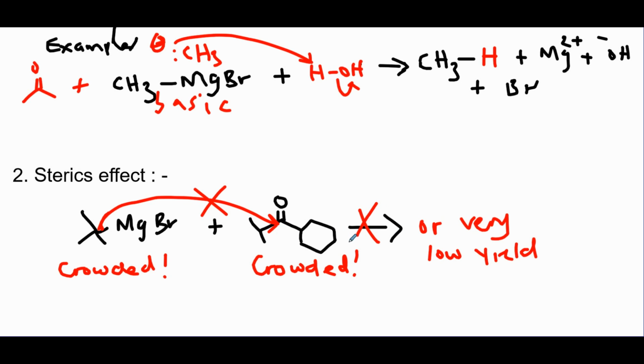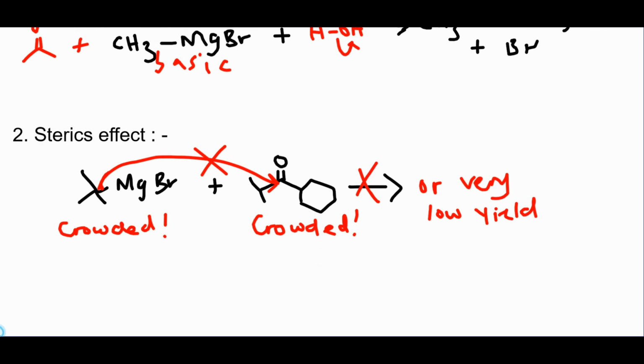Therefore, you get no reaction. That's why I have an X. Or if it happens, it's going to be a very poor, discouraging yield. So sterics do affect. That's all for Grignard reaction. I hope you guys get it better and better, more and more.